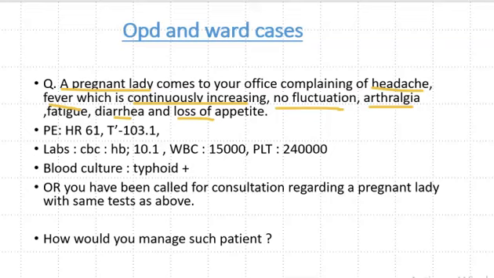At the same time you have done a blood culture, which came back typhoid positive. Blood cultures take time, so let us assume that the blood culture has been done and it shows typhoid positive. You can also have this as a consultation regarding the same patient in wards. So now our question here is, how would you manage such a patient?